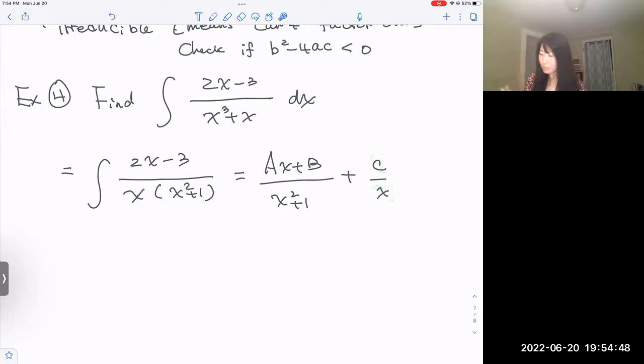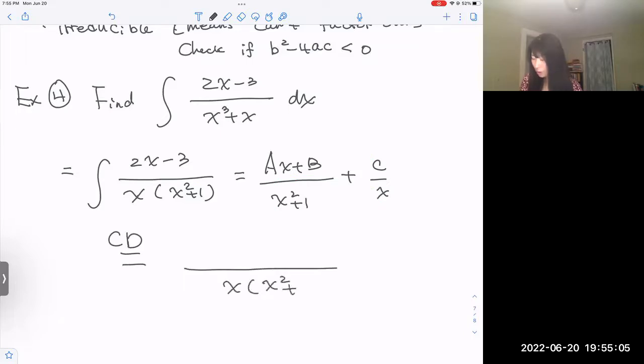Now, same concept. The denominator has to be identical, okay? Oh, we have to make a common denominator, right? So we forgot that. Common denominator. So we have x squared plus 1, and this one needs x, right?